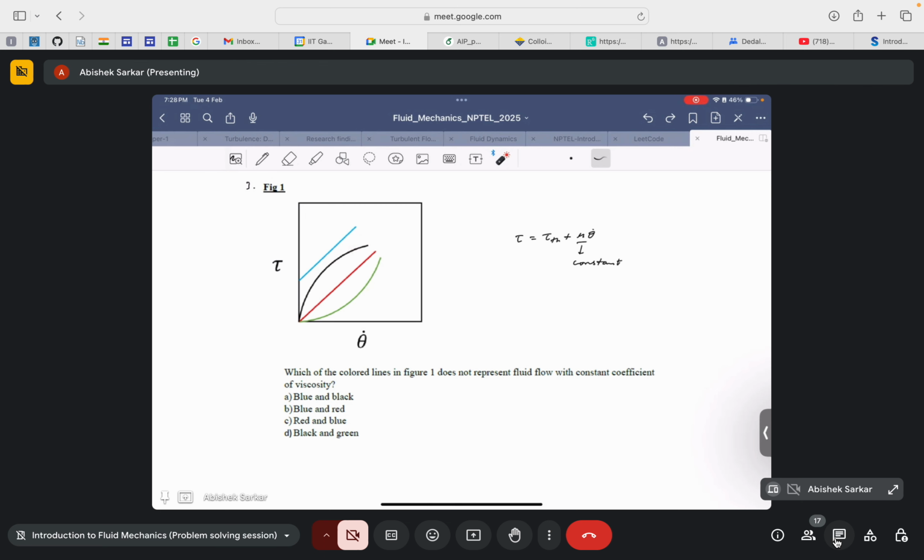You can see that these do not have a constant slope, but it varies with the strain rate. In fact, it's a function of the strain rate. So there's not a linear relationship. That's why this does not represent a constant coefficient of viscosity. The viscosity would become a function of the strain rate. In this case mu would be a function of the strain rate.